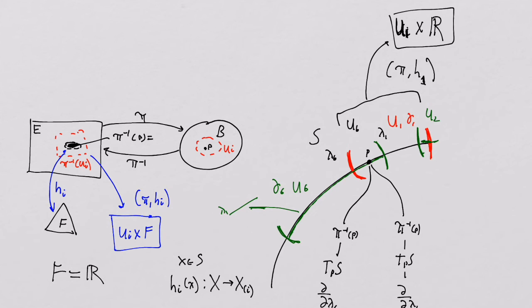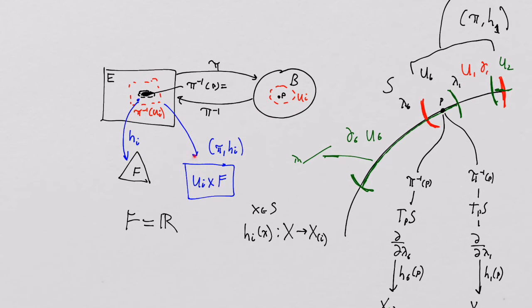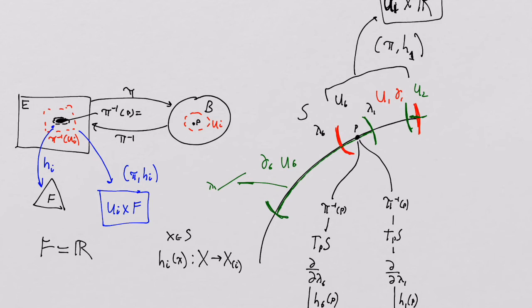So this mapping, taking all of the U1 and mapping it trivially to U1 cross R, that mapping is called pi comma h1. And likewise, obviously, there's the same thing from U6 to U6 trivialized with the fiber, and that's called pi h6.